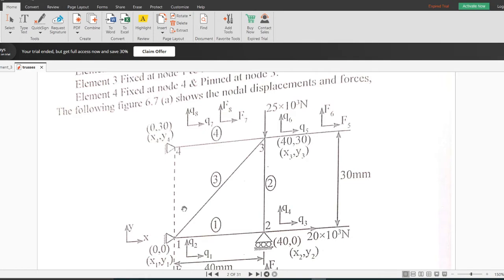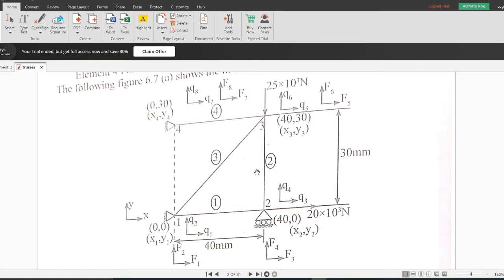So how many elements? 4 elements. Node numbers are 1, 2, 3, 4.